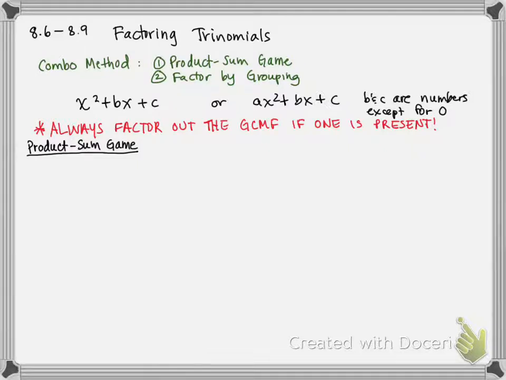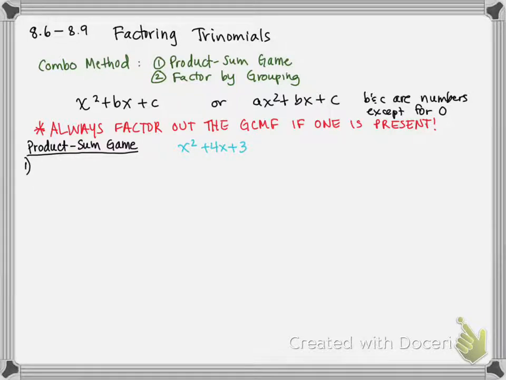So here's our beginning trinomial: x squared plus 4x plus 3. Okay. So step 1. Oh, I should name these parts because I don't think we've done that yet. That could be my problem.